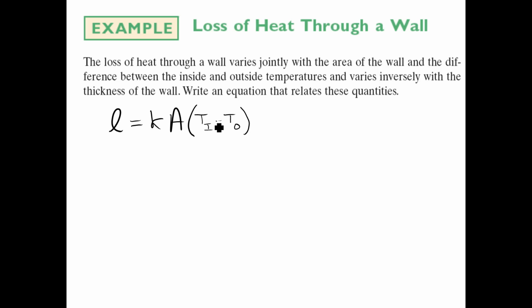That's the word difference right here, and we're multiplying the rest of them. How about we vary inversely with the thickness of the wall? So the loss of heat varies inversely, so K over the thickness of the wall. How about TH for thickness, since I already used T up here. All right, so that would be the inverse variation equation. This would be our joint equation.